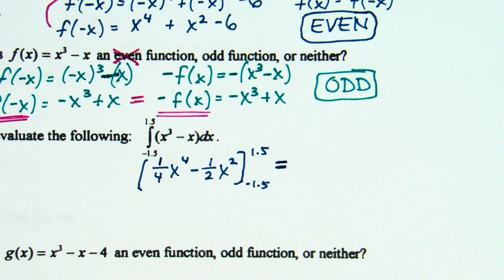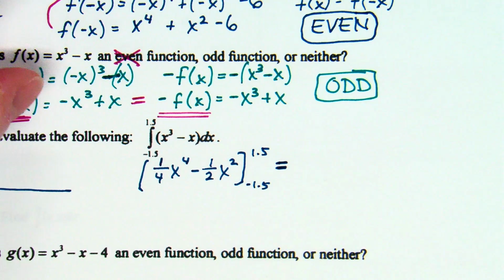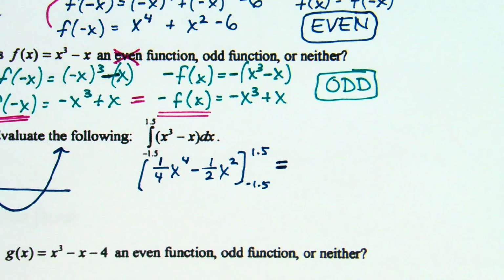Have you figured out what my answer is going to be here? Nathan's got it. If you're looking at this graph, from negative 1.5, which is somewhere over here, to positive 1.5, which is somewhere over there, the integral gives the area under the curve, right?